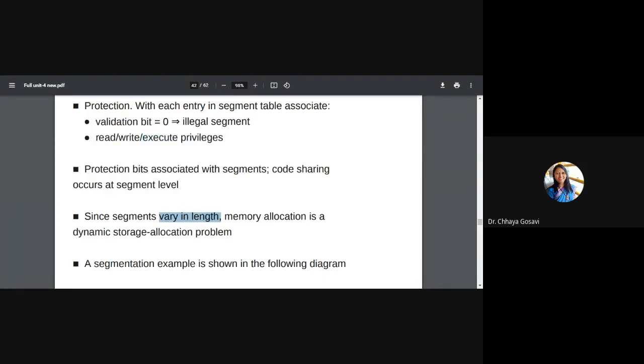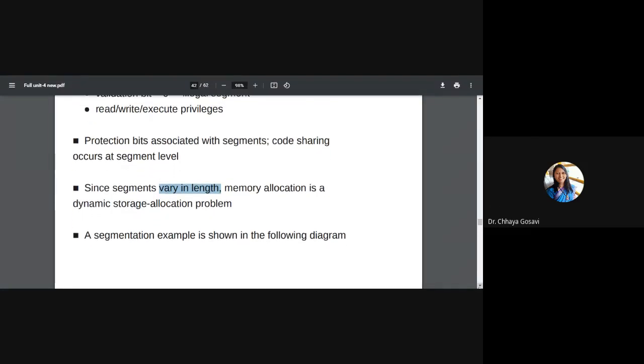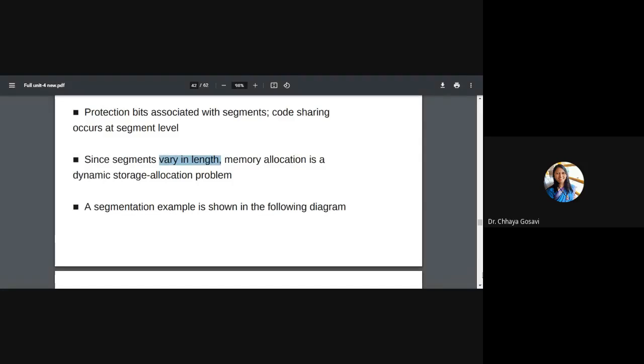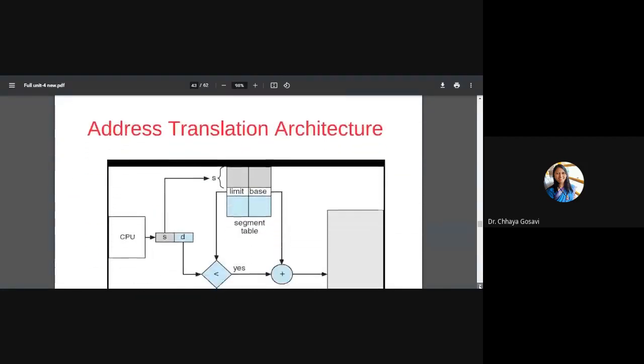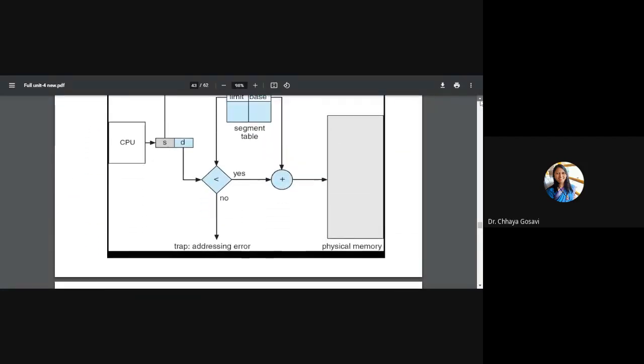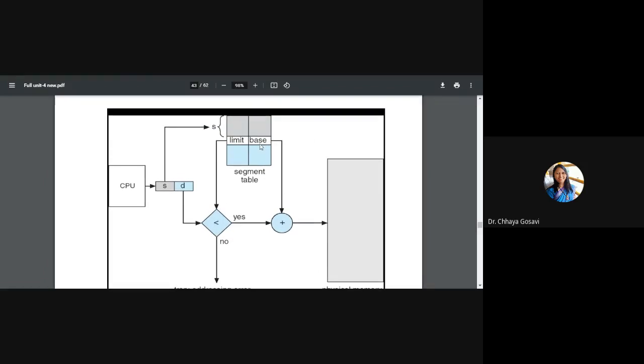Segments vary in length. Memory allocation is dynamic, and it is a storage allocation problem. So in the segmentation example, we have seen how an address is translated. Similar to page translation, here the logical address, instead of page number, has a segment number and an offset. The segment number is an index to the segment table.